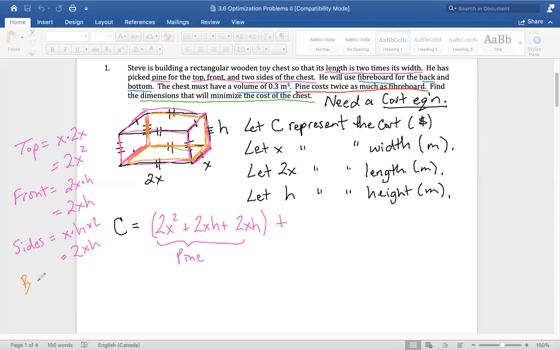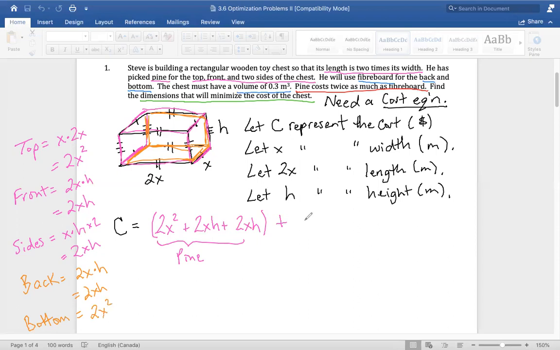So let's say the back, to figure out the area of the back, would be height times length. So the length is, again, 2x times h. So 2xh, you could have just gone right to 2xh, right? And the bottom, the area of the bottom that we're buying would be, again, length times width there, x times 2x. So we already know x times 2x. I can go right to 2x squared, let's say.